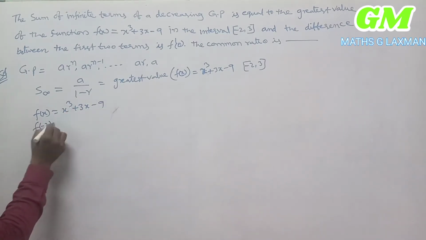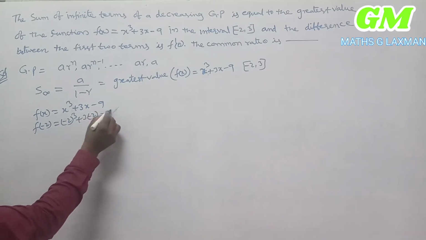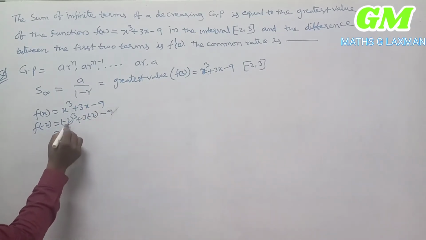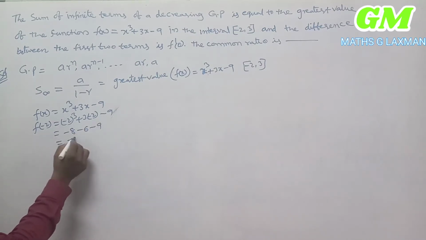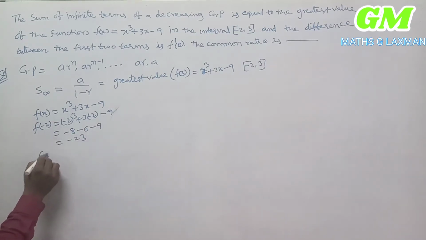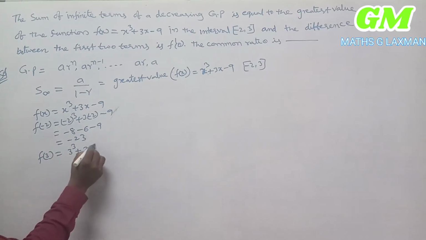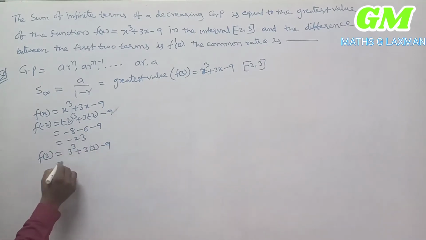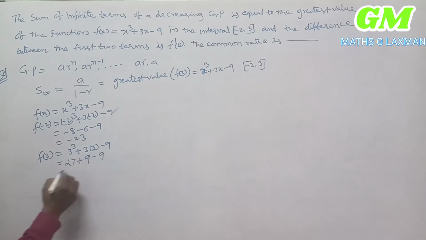Then f of minus 2 is minus 2 cube plus 3 into minus 2 minus 9. That is minus 8 minus 6 minus 9, which is minus 23. Then f of 3 is equal to 3 cube plus 3 into 3 minus 9. That is equal to 27 plus 9 minus 9, which is equal to 27.